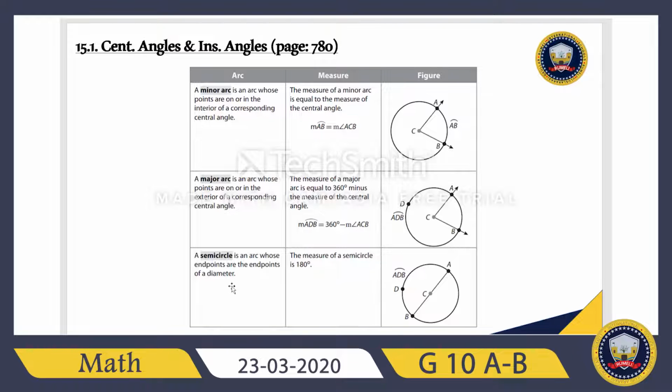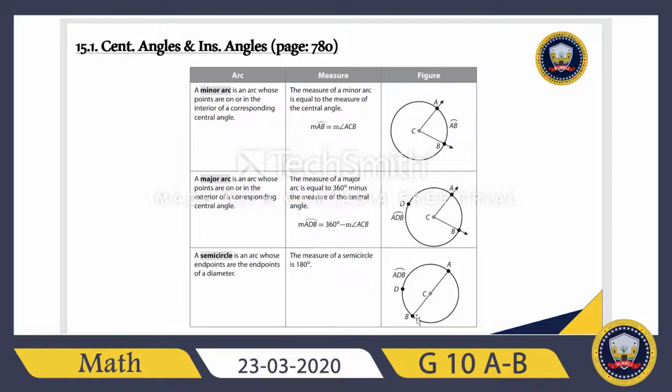All right. Semicircle is an arc whose endpoints are the endpoints of a diameter. We call ADB here a semicircle when its ends A and B are lying on the diameter. This is the diameter.